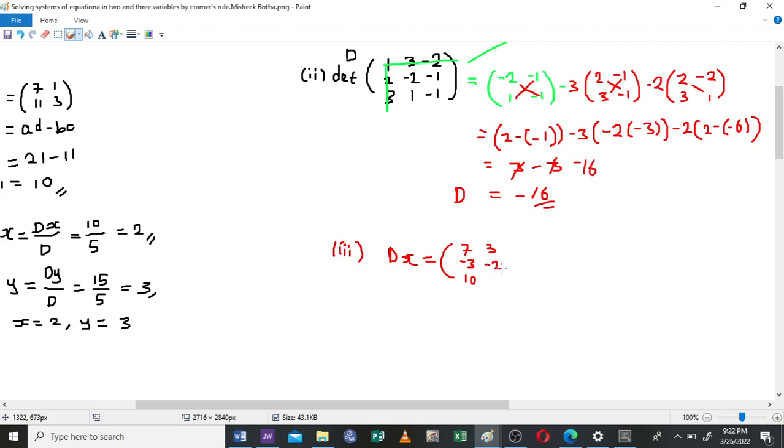So we have that. Remember, the x variables in the first column have been substituted by the matrix of constants. So we have that, and also the third column remains the same, right? So this one remains the same. So again, if you are going to solve this just like what we did in the previous question, where we solved the determinant of matrix D, which is the matrix of coefficients, you are going to get 21, right?